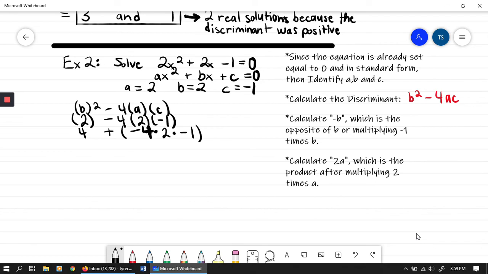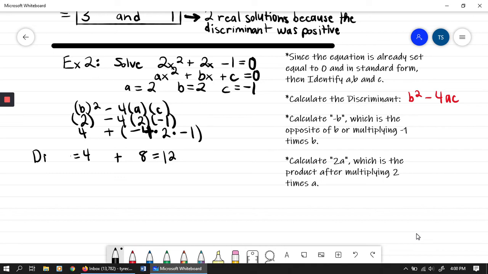Alright, so when we do that, we get +8. So we wind up getting here 4 plus 8 for the discriminant, which is 12. So our discriminant here is 12.